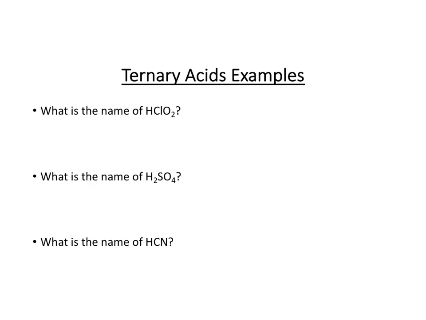All right, so here's some examples of that. So we have 3 ternary acids. Again, you see you have at least 3 capital letters, and they all have a polyatomic associated with them. Okay, so this one, ClO2, you need to figure out the name of that. So that is actually chlorite, and ite goes to us.